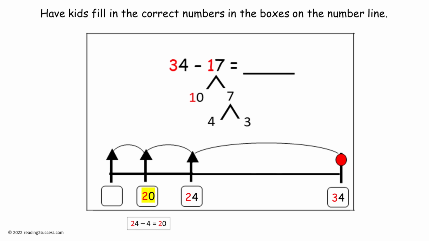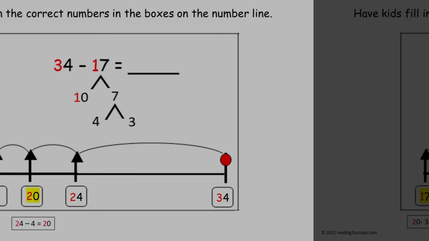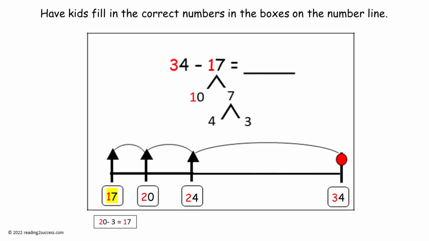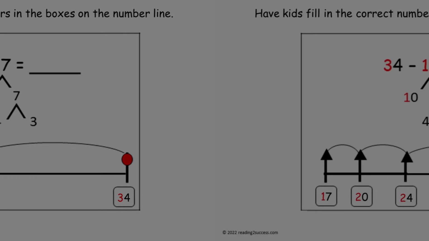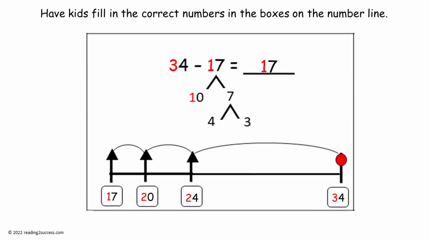So next we subtract 4 ones from 24, giving us 20. Next we subtract the second part of the ones, the 3 ones, from 20, and we have 17. And now our equation is completed. 34 minus 17 equals 17.